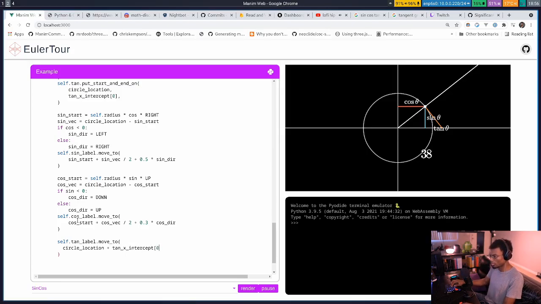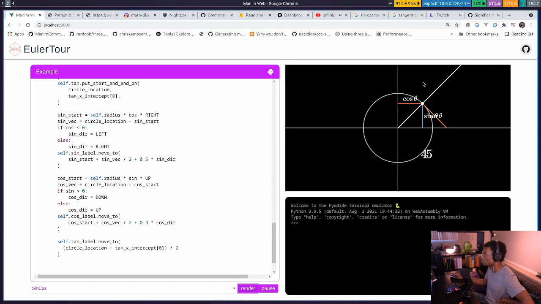Indexed at 0. I'll just do that. I guess it shouldn't be going off screen though.